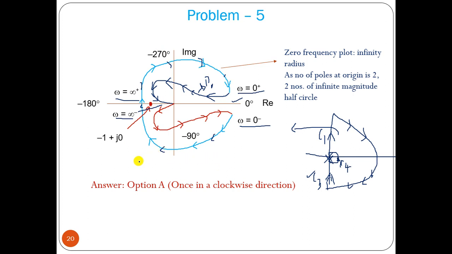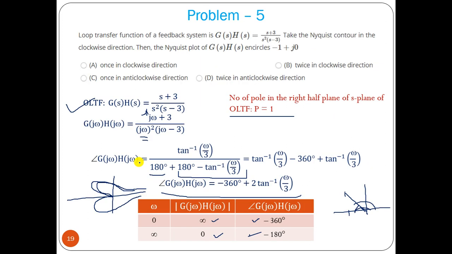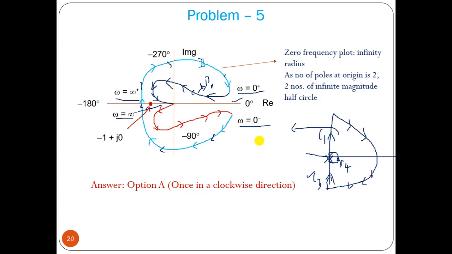Now what we can see: what is the point minus 1 point? This is at 0 and this is at infinity. So the minus 1 point is in between somewhere here, right. This is not showing infinity, but this should be infinity, because this is infinite radius, infinite half circles, so it should be in between here.